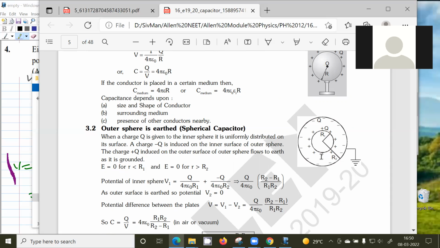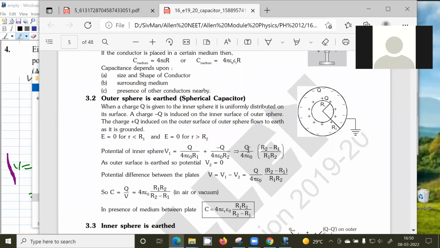So you know the electric field as a function of R, and you get the potential difference between these two by integrating E dot dr. Once you know the potential difference, you can find the capacitance. Capacitance is Q by V. So from this you will get this formula.